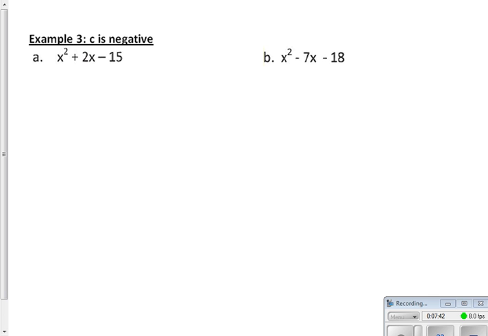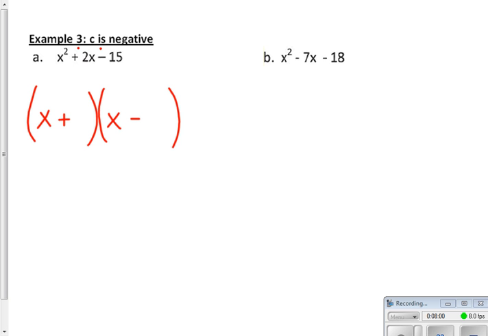Example 3a, well, we have plus a negative. Now plus a negative basically will be plus a negative in our binomial here. We'll throw x out front, x out here. In the previous 4 examples, order did not matter.